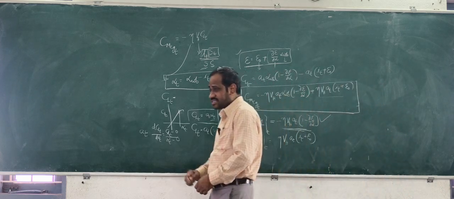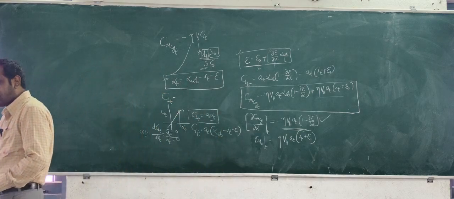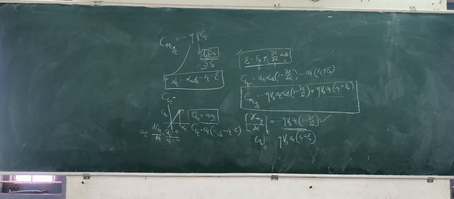So finally, the selection of aerofoil of the tail plays a dominant role in dictating the magnitude of dou Cm by dou alpha, and the prime thing is the horizontal tail volume ratio.